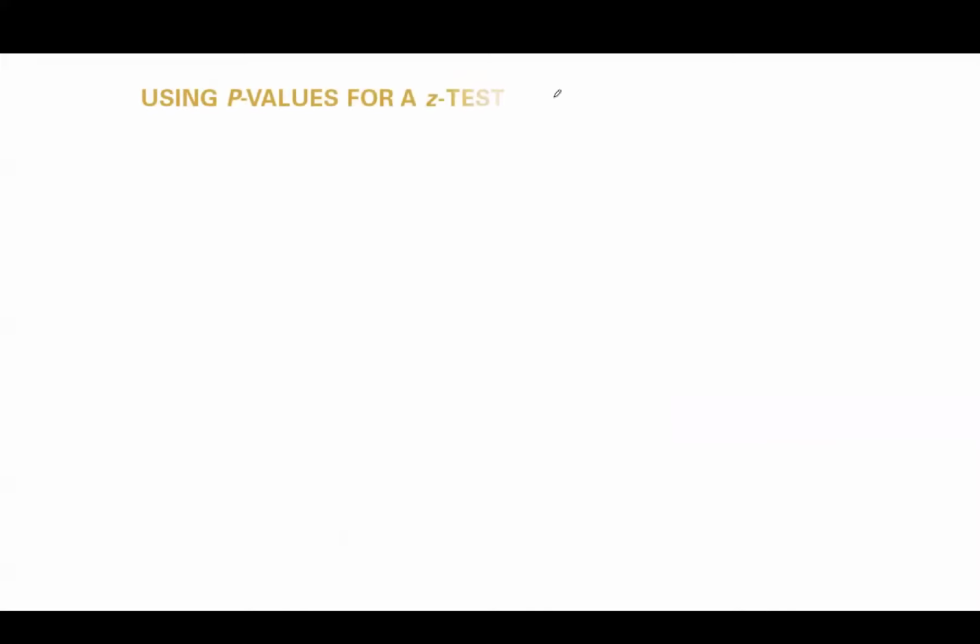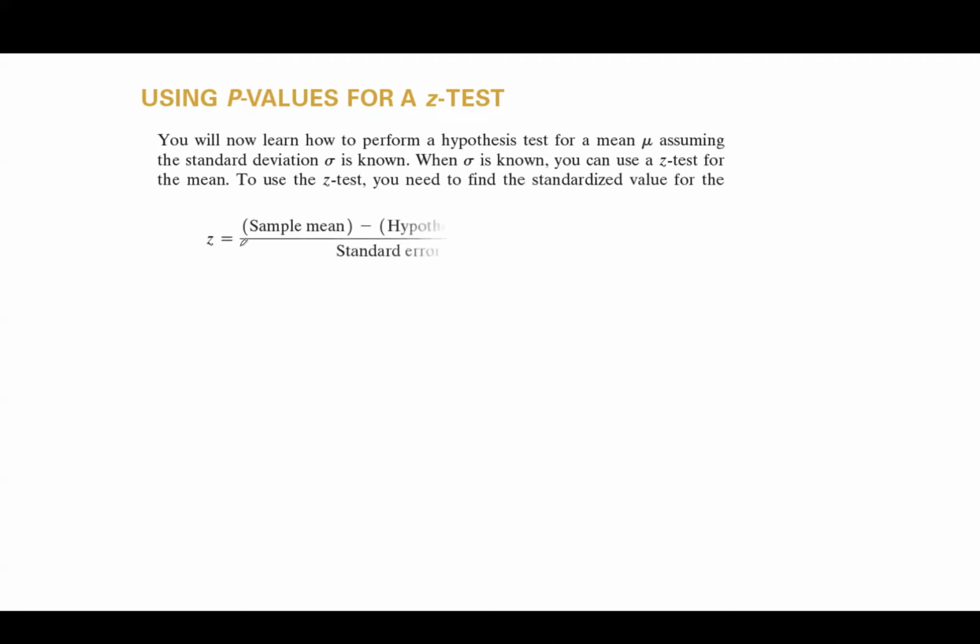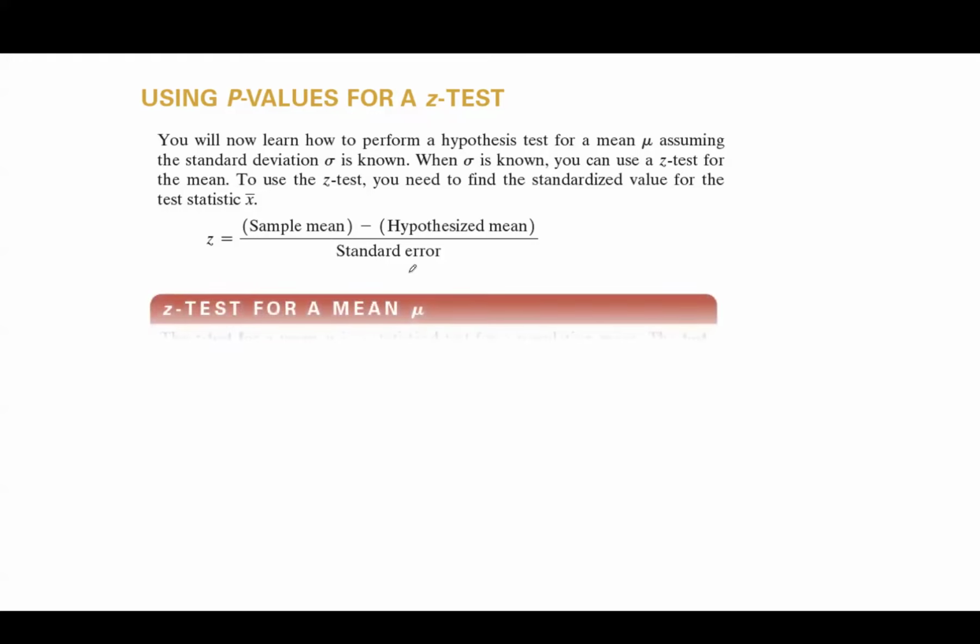How do we use a p-value to make a decision about hypothesis testing? Now you learn how to perform a hypothesis test for a mean mu, assuming the standard deviation sigma is known. When sigma is given, you can use a z-test for the mean. To use the z-test, you need to find a standardized value for z, which is sample mean minus hypothesized mean divided by the standard error that can be calculated as below.